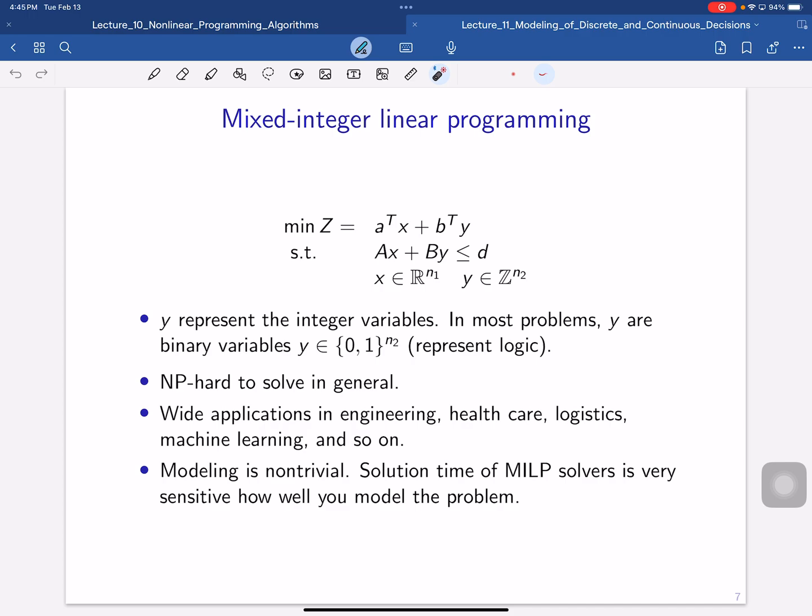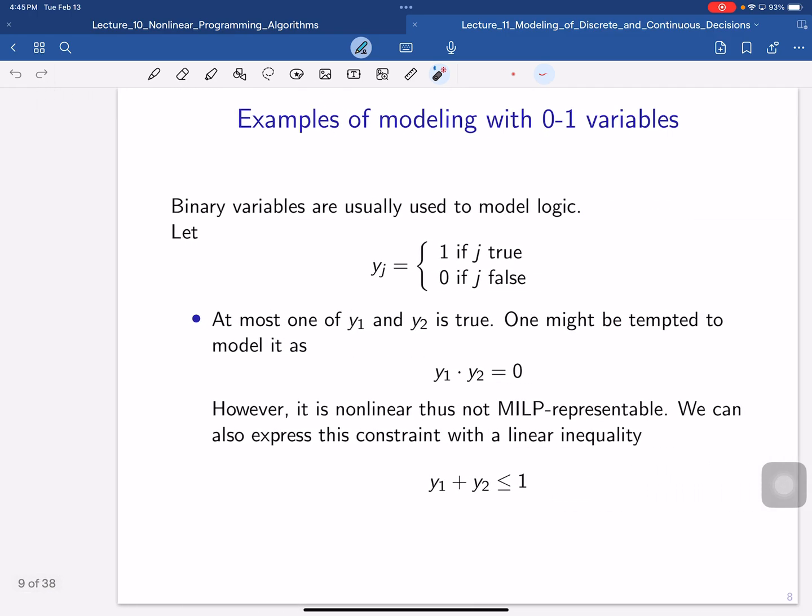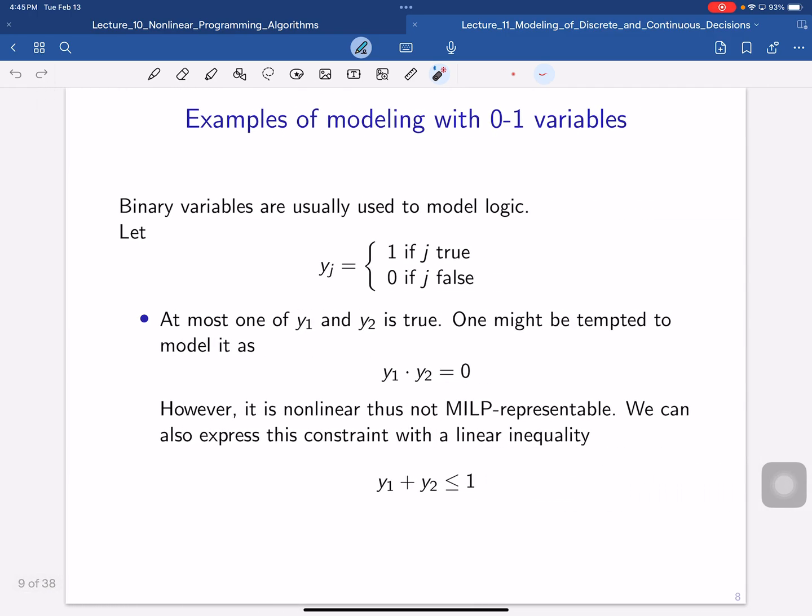So in this class, we will tell you how to translate logic to integer constraints. Yeah, so let's first show a couple of examples to demonstrate the power of modeling using 0-1 variables. Again, in most cases when we talk about integer programming, we are talking about 0-1 variables because you use 0-1 variables to represent logic, right?